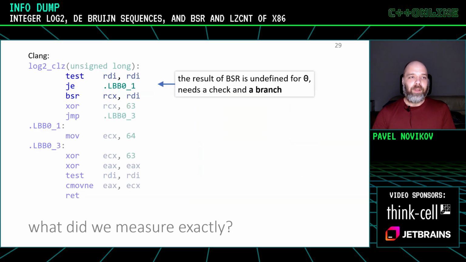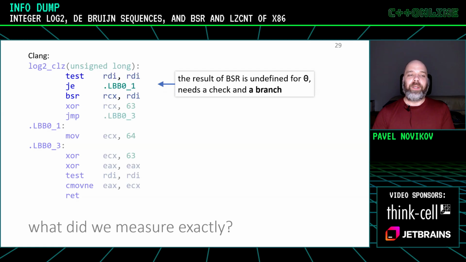There is one more nuance in the Clang implementation in x86 machine code. We have the BSR instruction, whose behavior is undefined for zero input, so we have to have a check and branch.